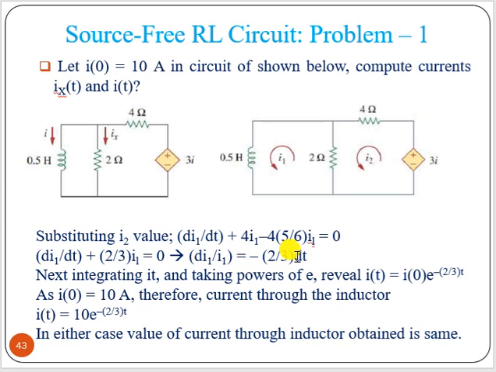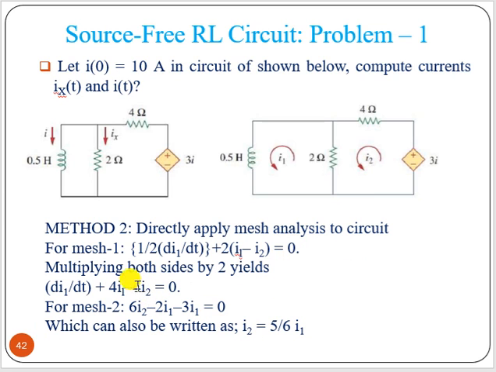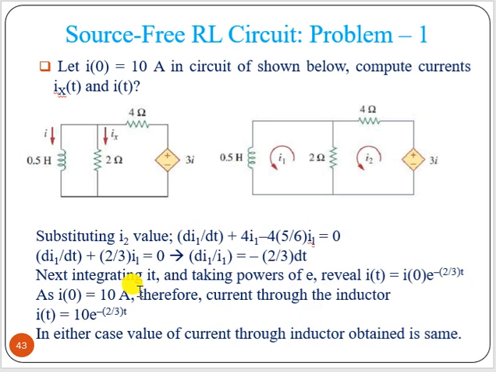So let us put this I2 in this equation, then we get that part. If you solve this, what we will get is di1 by I1 equal to minus 2 by 3 dt. That means your tau becomes 3 by 2.